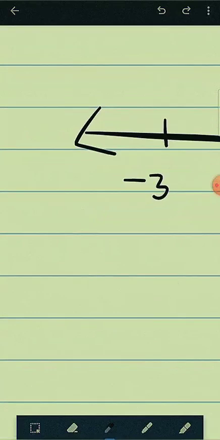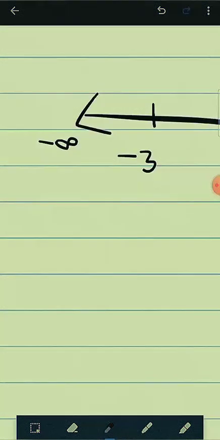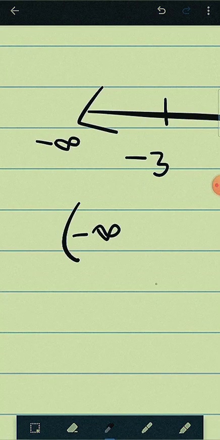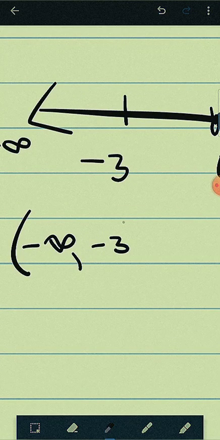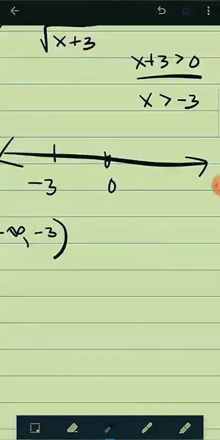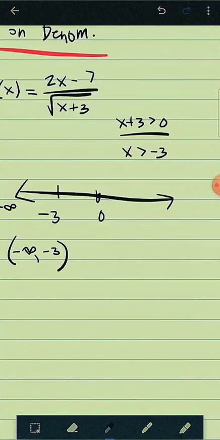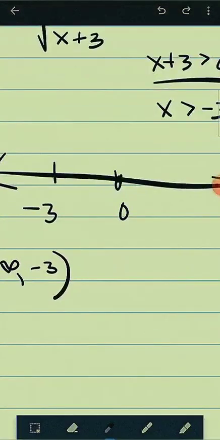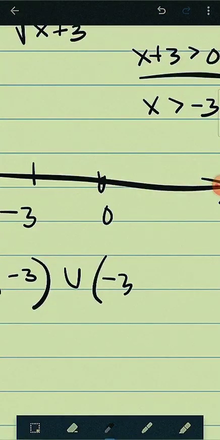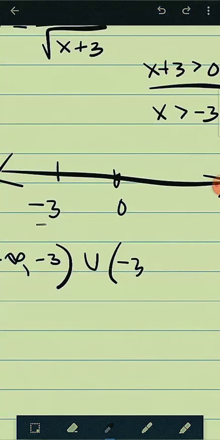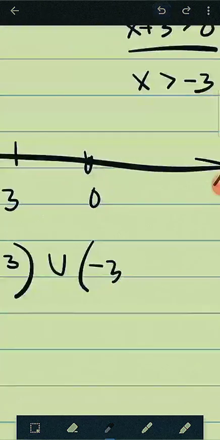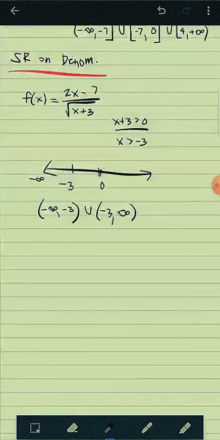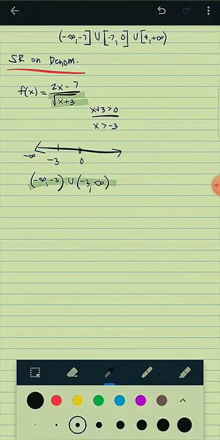So this is negative infinity here, from negative infinity to negative 3, but not including negative 3. Is there any other point here? There's none. So we write from negative 3, using a parenthesis because negative 3 is not included, towards positive infinity. So this is now the domain of this function. Again, another example so you can see it.